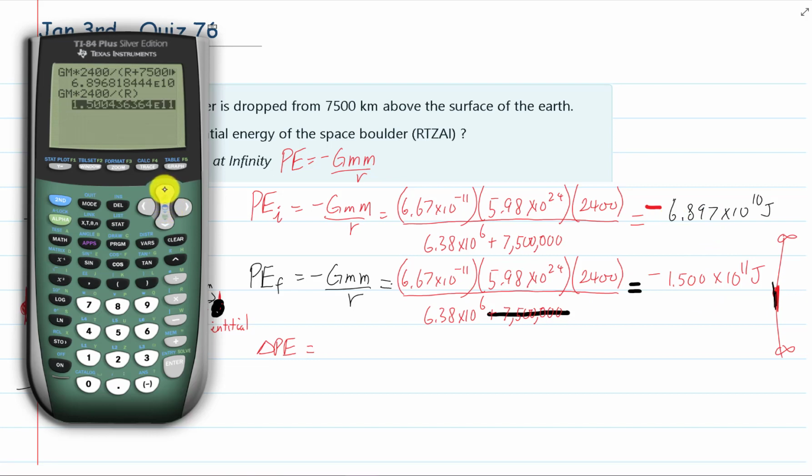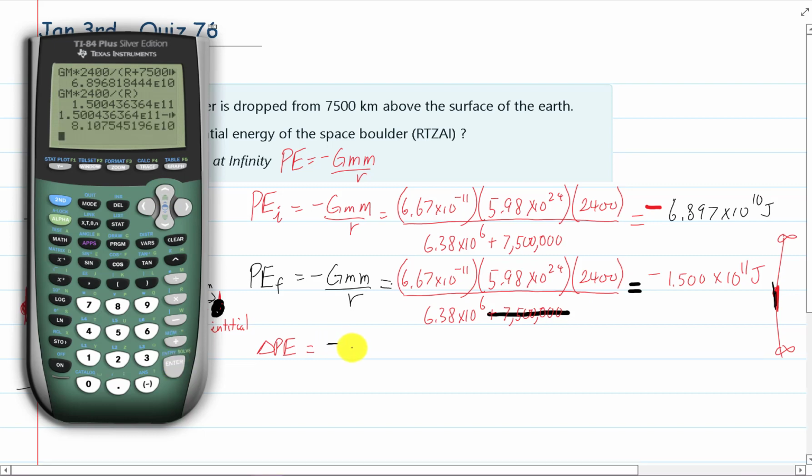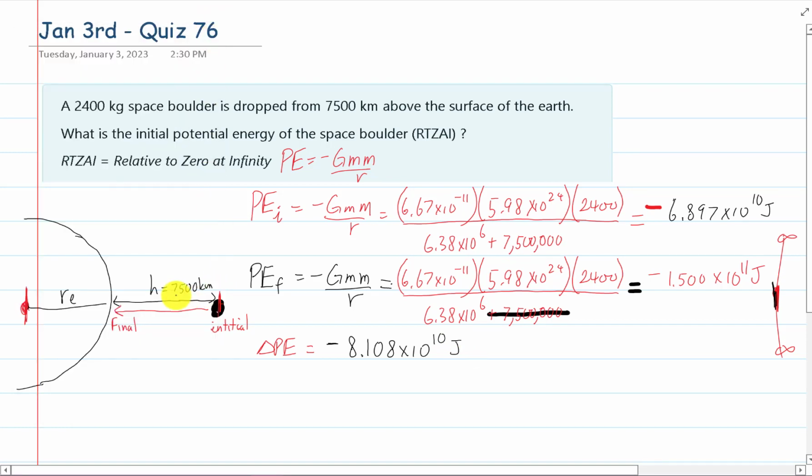So take the final, subtract the initial, and I get a negative 8.108 times 10 to the 10th joules. That's how much energy it loses going from 7,500 kilometers above the Earth to the Earth. That's how much kinetic energy is gained, because the loss of potential energy will be the gain in kinetic energy. So gain in kinetic energy will be the positive number of this.